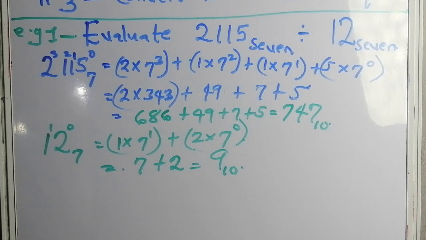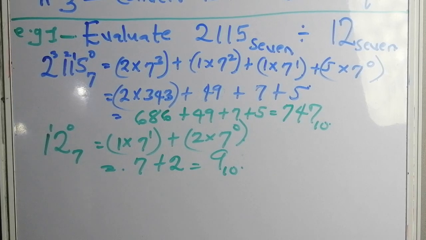So what is step 2? Step 2 says divide in base 10, which is the usual division. I've told you the meaning of usual division: 20 divided by 5 is equal to 4.